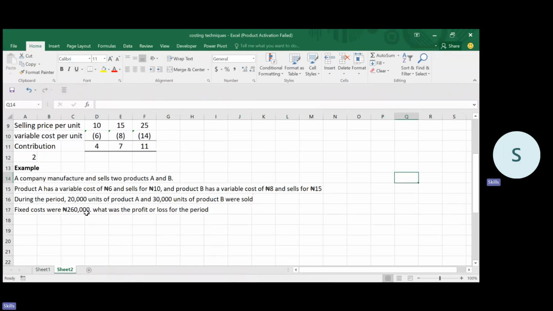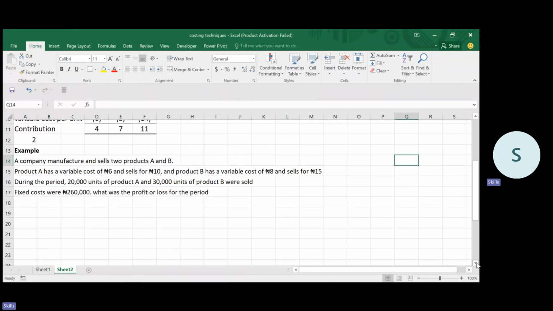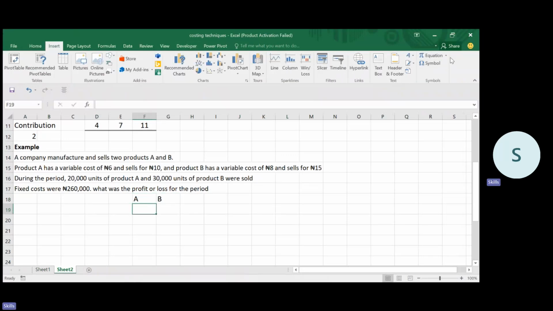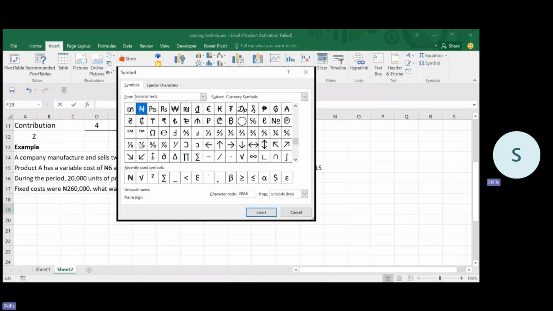Fixed costs were 260,000. What is the profit or loss for the period? So now the first thing we will do, we have product A and product B, and all these are in Naira currency.